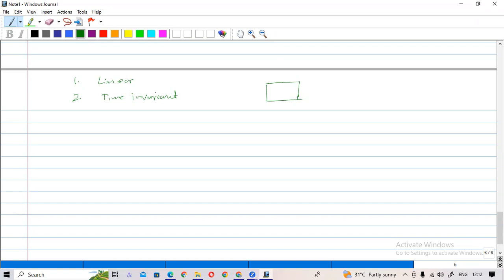Linear means if you are given an input, you will have the output, and there is a process in this. If you are given x1(t), your output will be y1(t), and if you are given x2(t), your output will be y2(t).